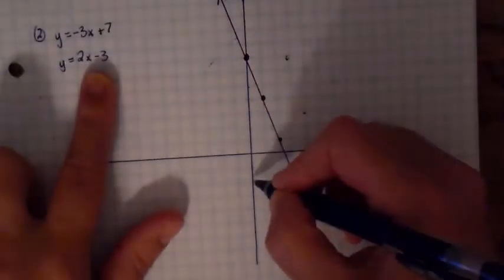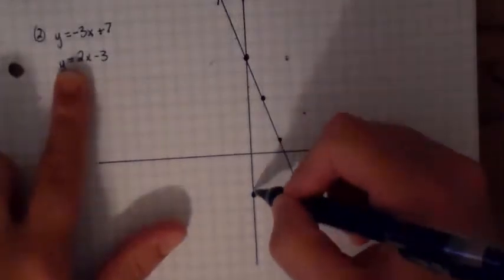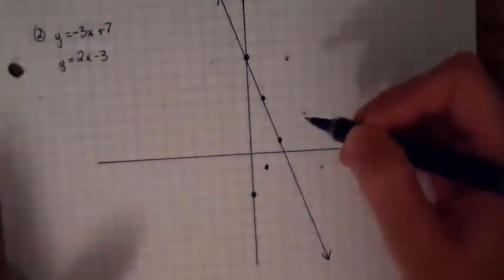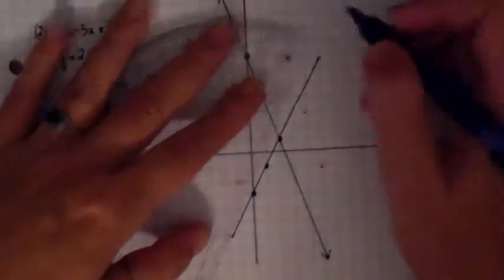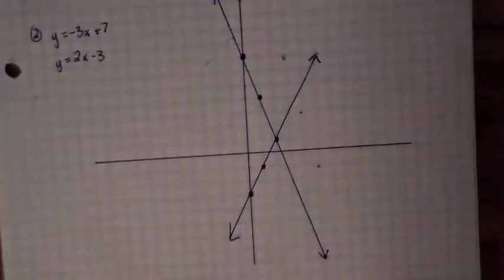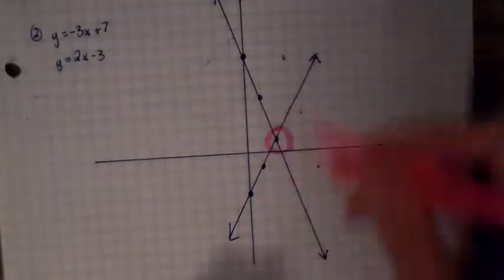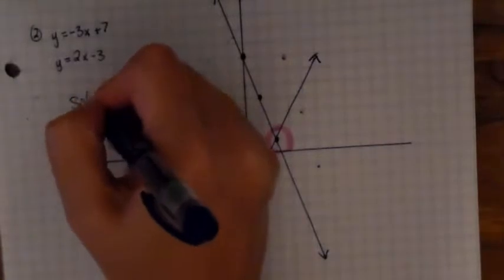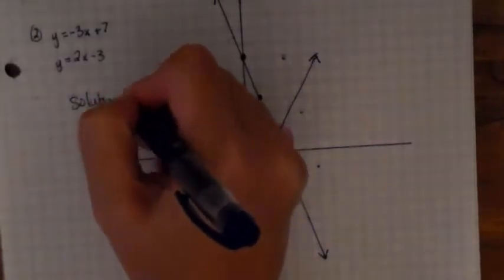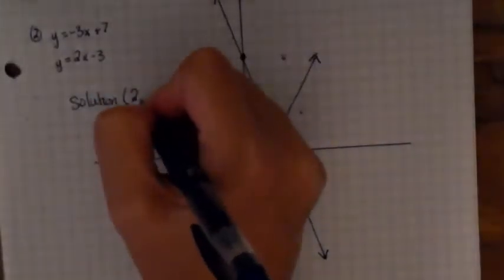Here I start at negative 3, and my slope is 2, so I go up 2 over 1. And I connect those points. And my solution is this intersection. So my solution is (2, 1).